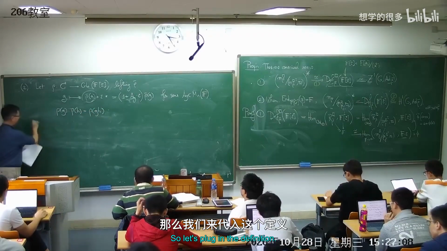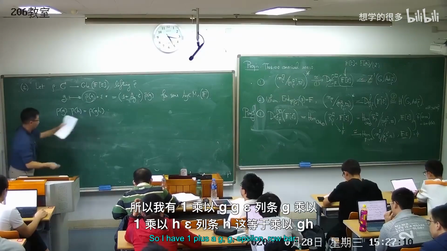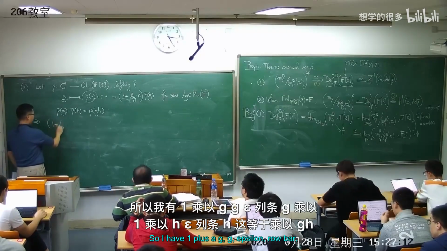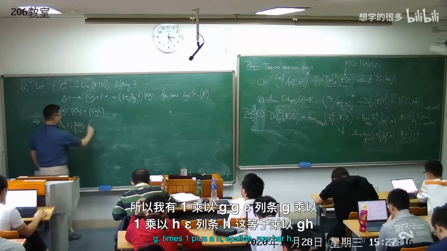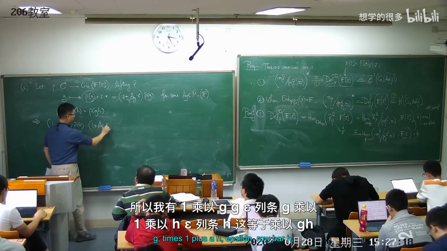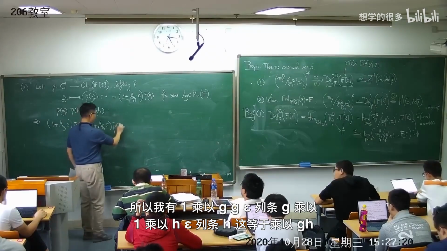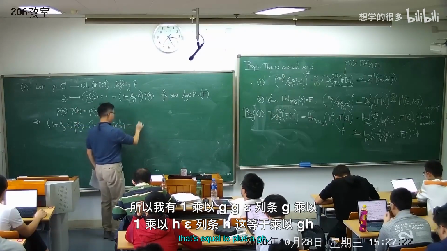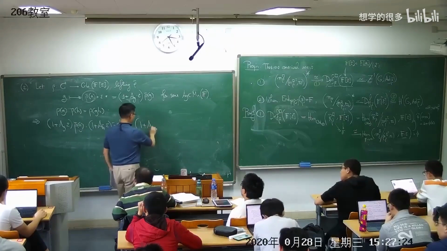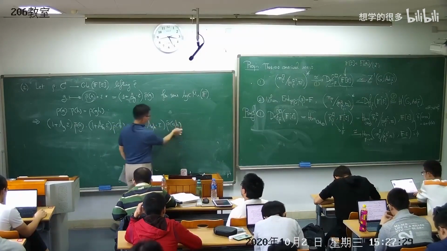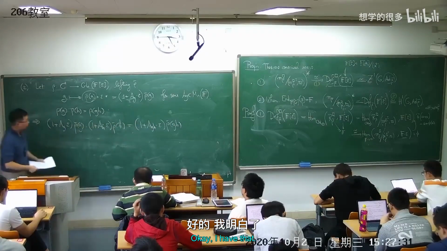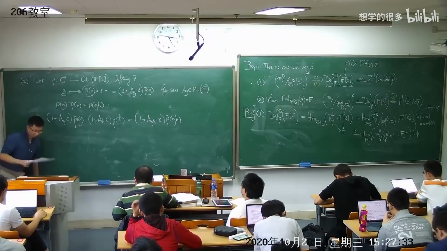Let's plug in the definition. I have 1 plus AG epsilon rho bar G times 1 plus AH epsilon rho bar H, and that's equal to 1 plus AGH epsilon rho bar GH.